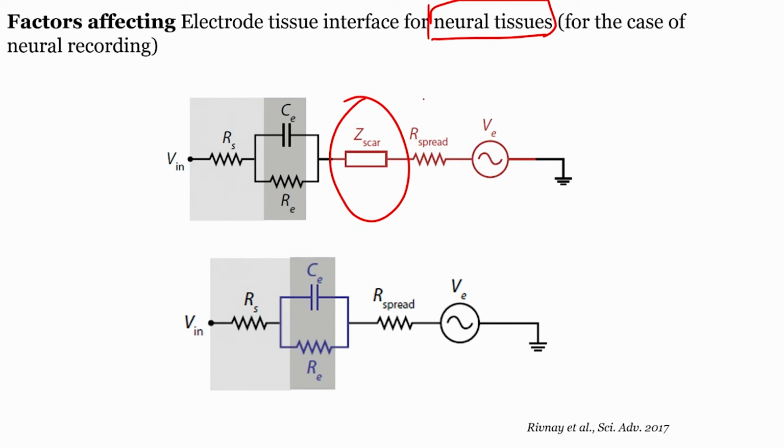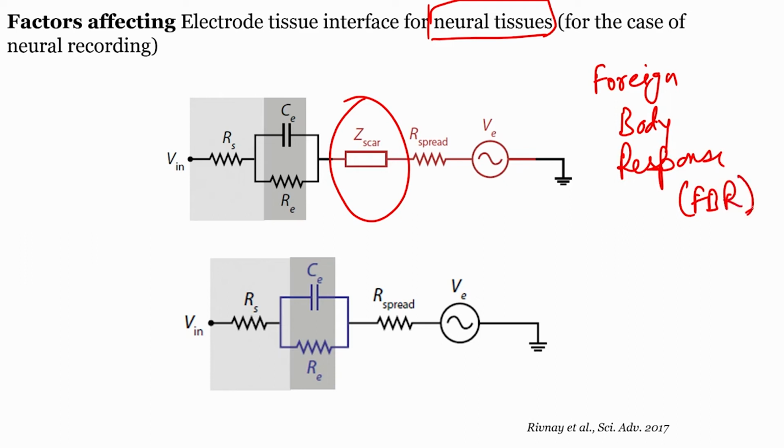So what does this Z scar mean? Whenever you insert any foreign object, the first response of our body is foreign body response, or FBR. Now this FBR can also be in terms of neural tissue considered as neuroinflammatory response, which means if any foreign object is being inserted, in this case electrode, it causes inflammation or adverse effect to the tissue.